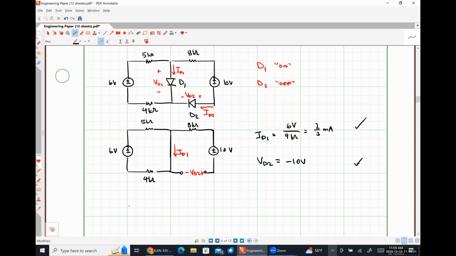Realistically though, I'm not going to give you anything more than a 2 diode circuit to play around with, just because it's wildly tedious. If you had a 3 diode circuit, that would be 9 permutations of on-off states that you would potentially have to deal with for every diode to get everything figured out.